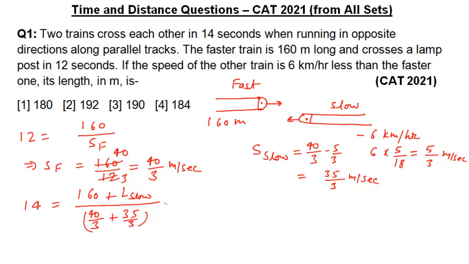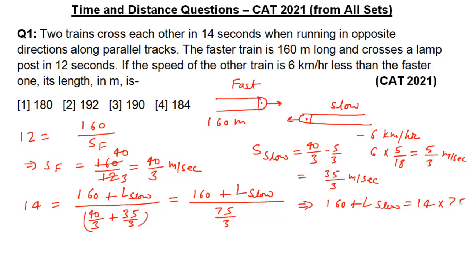So this will give me 160 plus length of slow train divided by 40 plus 35, that is 75 by 3. With this I can find out 160 plus length of slow train is equal to 14 multiplied by 75 by 3, which is 14 multiplied by 25.